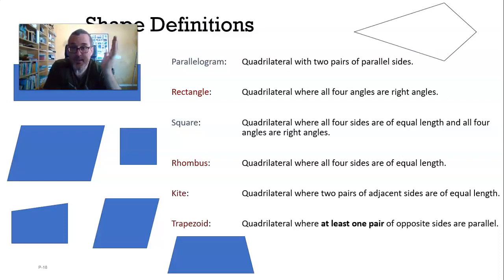Humans. We define these things. It's a human endeavor to engage in mathematical thinking. So based on those definitions, we deal with the consequences of our definitions. And if the definition for trapezoid is what we say here, then we follow that consequence and say these things are all trapezoids. But we follow the definition.